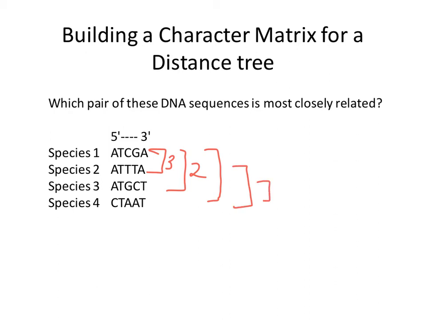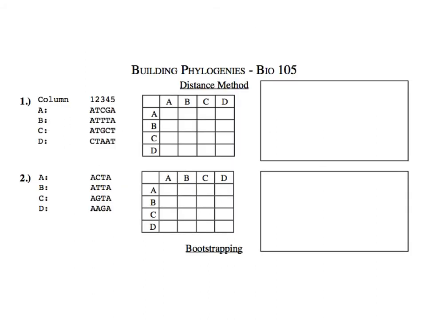So to calculate a distance tree for these 4 species, we would have to do 6 different pairwise comparisons: 1 and 2, 1 and 3, 1 and 4, 2 and 3, 2 and 4, and 3 and 4.